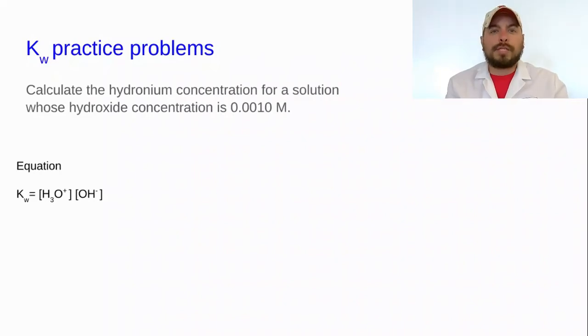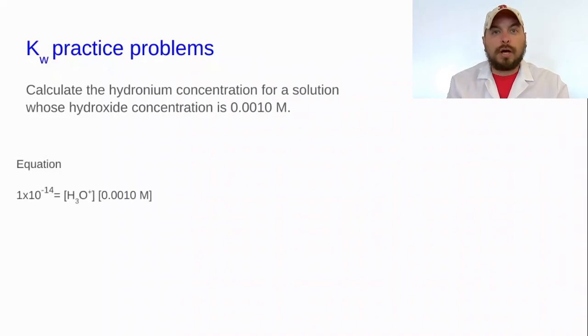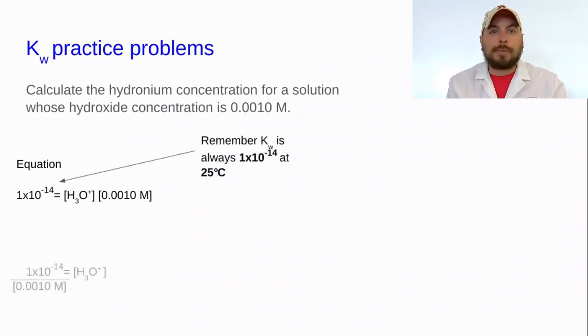We can use the same fundamental Kw expression to solve for the concentration of H plus or OH minus if we happen to know one of them. For example, in this situation, I know that the concentration of my hydroxide is 0.001 molar. In order to find the concentration of H plus, I'm going to use my Kw, which is equal to H plus times OH minus, to solve for the unknown.